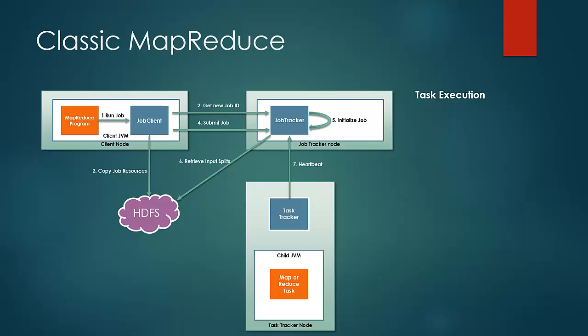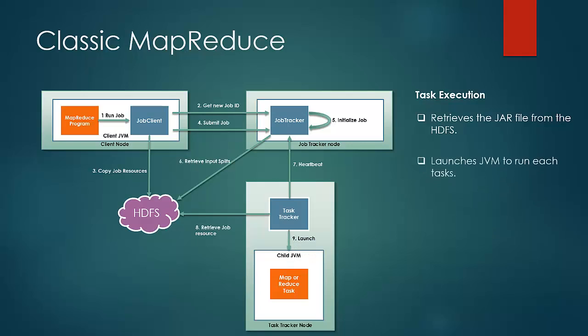Task trackers, as a part of setup, retrieve the jar which was put on HDFS by the job client. This is where we see that the code moves to the data for processing, which is very different from the traditional architecture. After that, the task tracker launches new JVMs to run each task it is assigned. Remember, it can have many at a time.